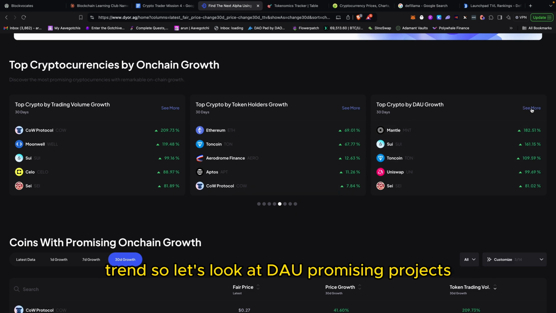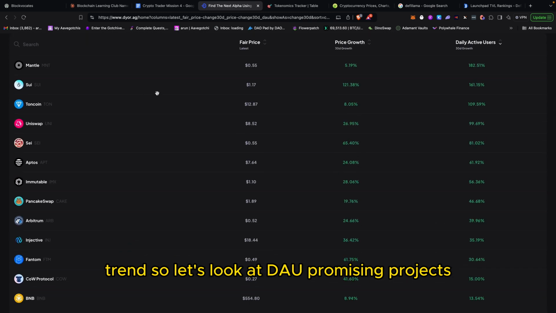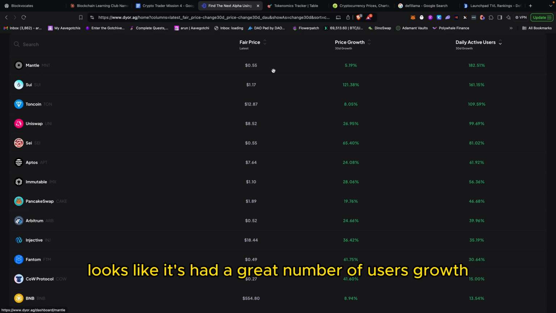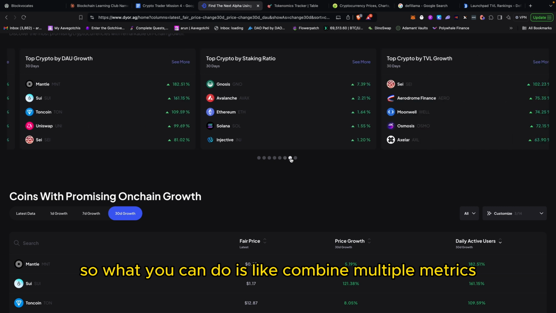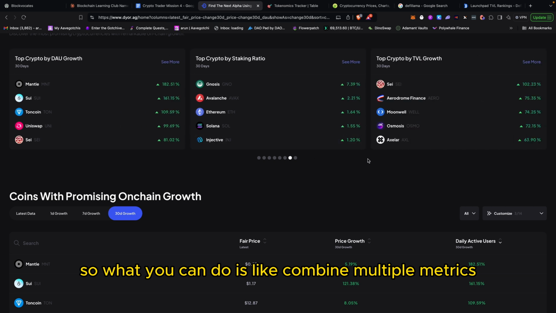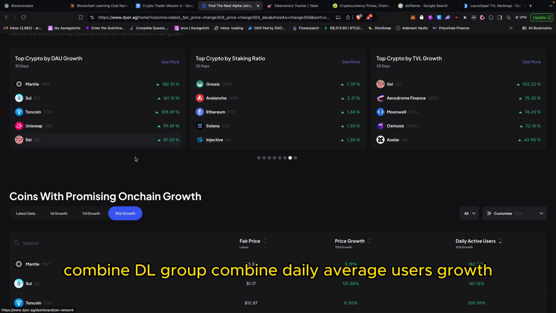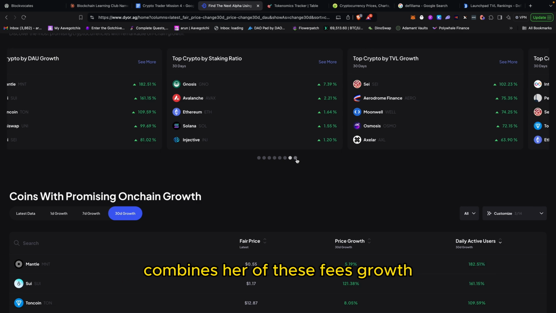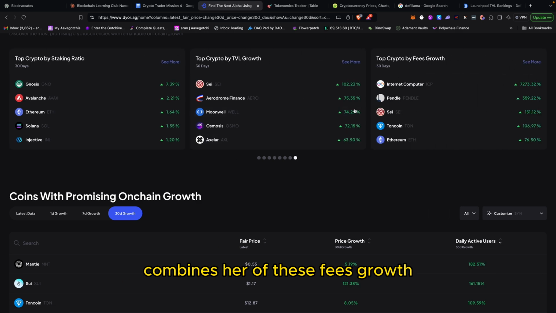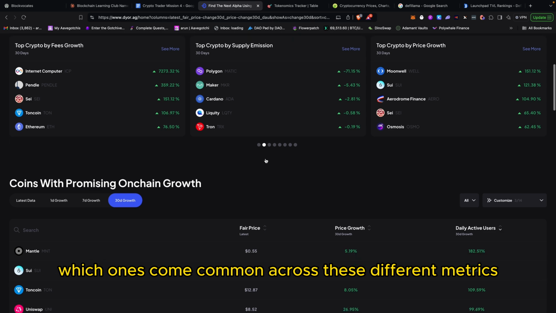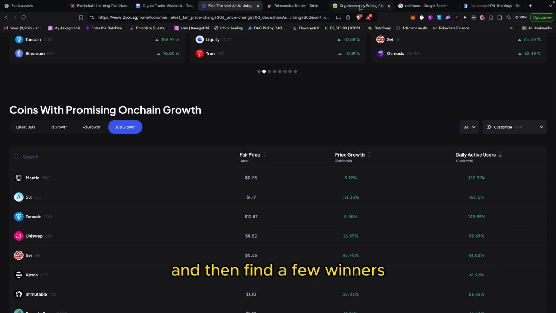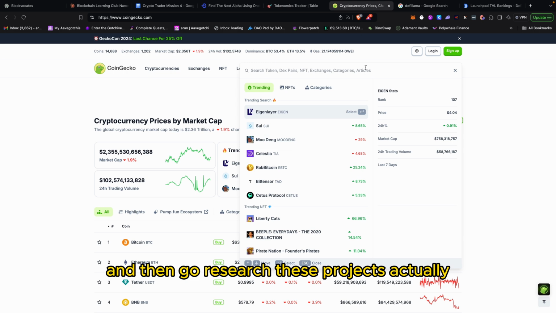So let's look at DAU, promising projects. Mantle looks like it's had a great growth in number of users. So what you can do is combine multiple metrics, right? Combine TVL growth, daily average users growth, fees growth, and see which ones come up common across these different metrics, and then find a few winners and then go research these projects.